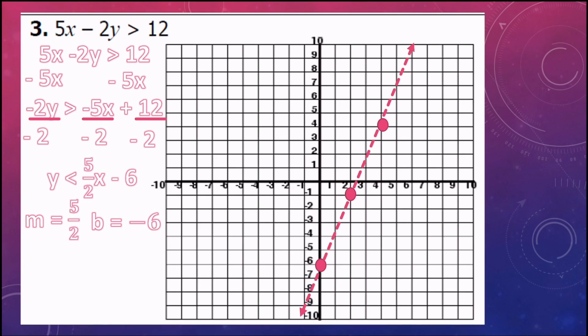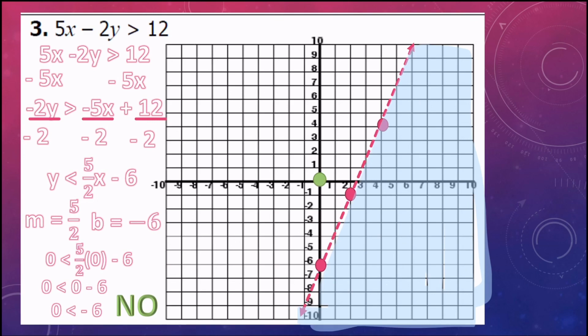Okay? So I need to pick a point. I'd pick 0, 0 because it's clearly on one side. And I'm going to plug it into the solved equation. You can plug it back into the original if you'd like. Either way, you're going to end up with 0 less than -6, which is false. 0 is greater than -6, so it is a no. So I'm going to shade where the point is not.